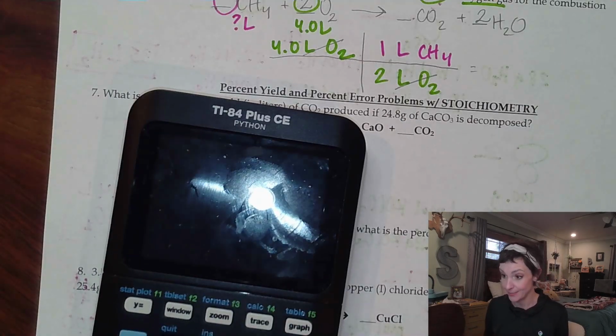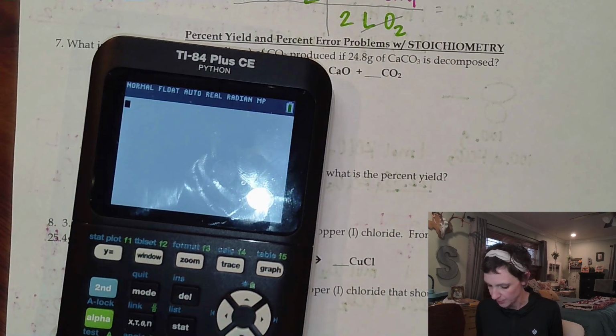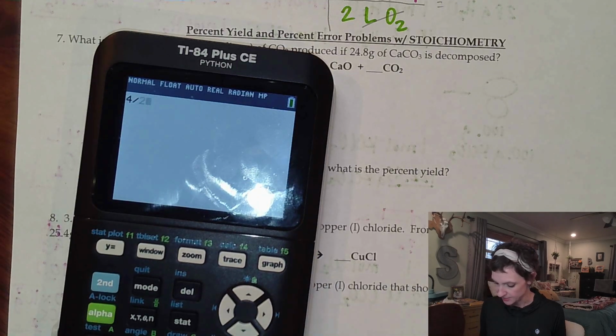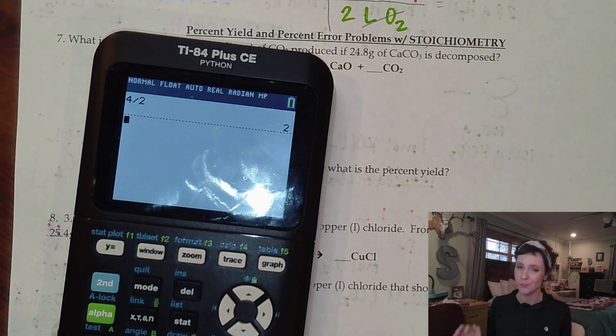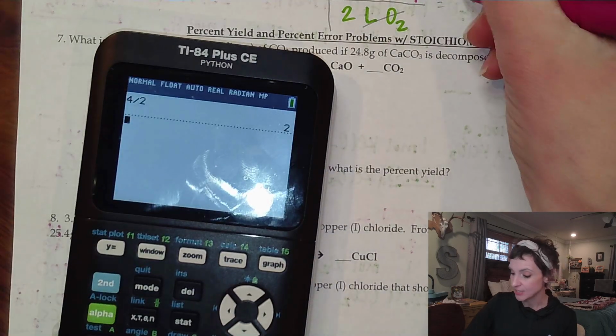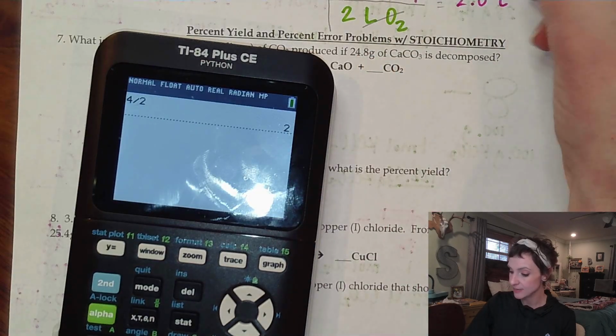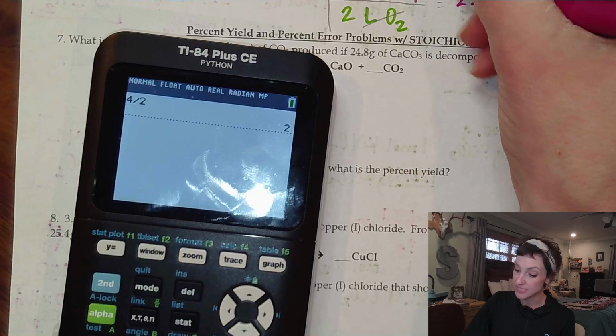Calculator. I bet we could do a lot of this in our head, but I just like the security of my calculator helping me find answers. 4 divided by 2. Amazing. Okay, my answer is 2, but how many sig figs do I have to write down? I have to write down 2 significant figures. Not a big deal. I can just go 2.0. And my units are liters of CH4, or liters of methane.